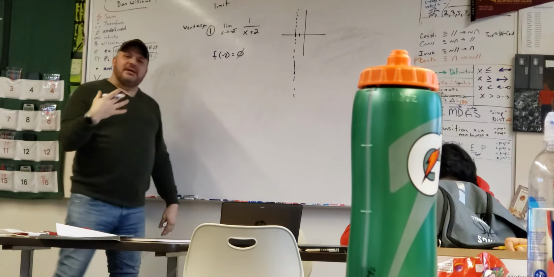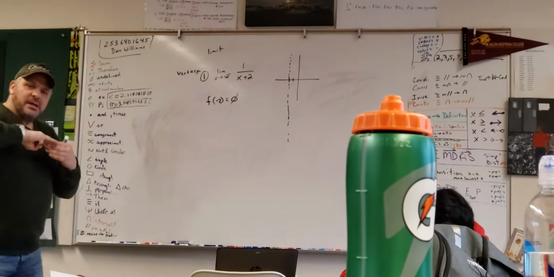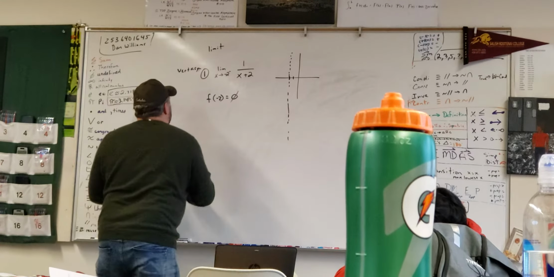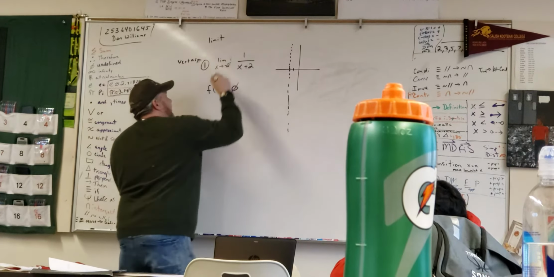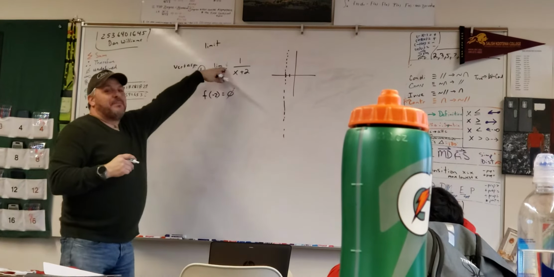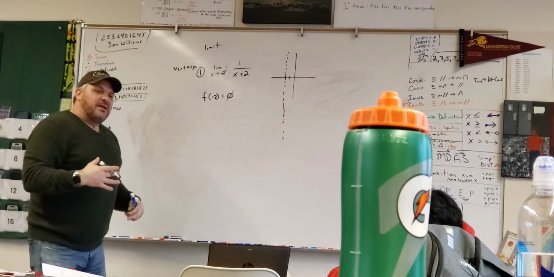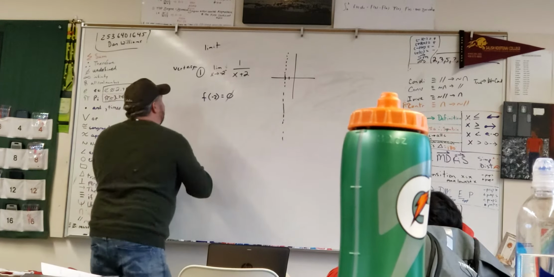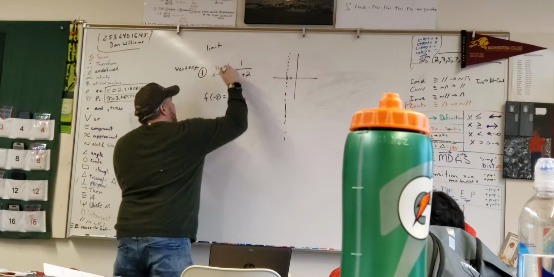So that's a limit. We're going to look and see as we approach it. Now, it's asking us to approach it from the negative side. And that's what the negative up here at the top is. It's saying, as you approach -2 from the negative side, this might be easier to read.